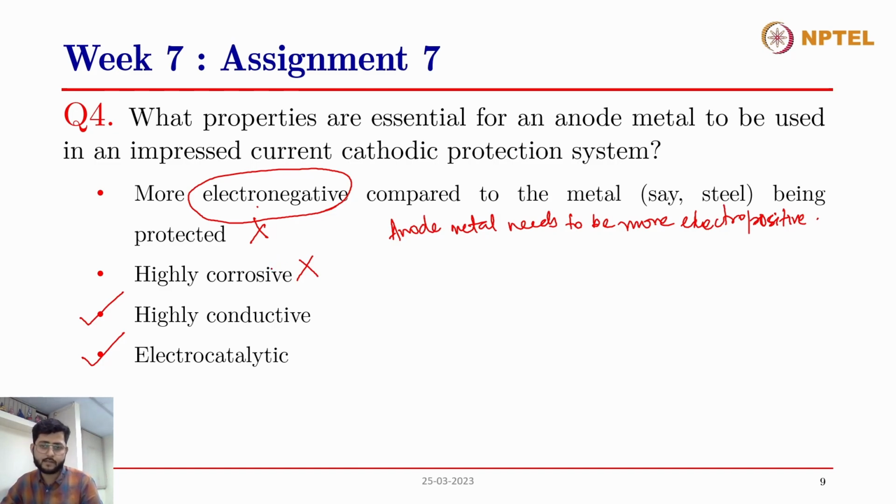What we want is the metal should be highly corrosion resistant, so that even though we'll require a higher voltage to draw electrons from it, we won't need to replenish the metal as frequently as in another metal which is highly corrosive in nature.